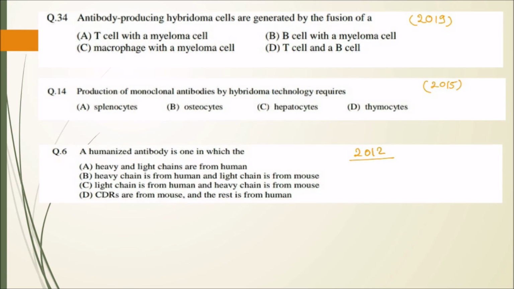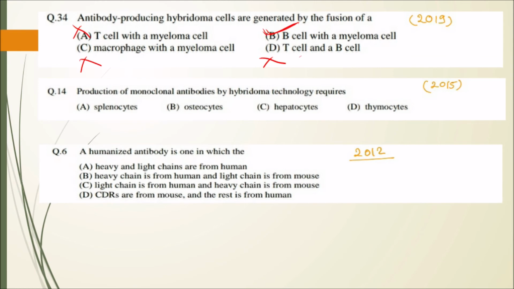So coming to some questions, let's solve some questions. The first question is, antibody-producing hybridoma cells are generated by the fusion of T cells with myeloma cells? No. B cells with myeloma cells? Yes. Macrophage with myeloma cells? No. T cells and B cells fusion?